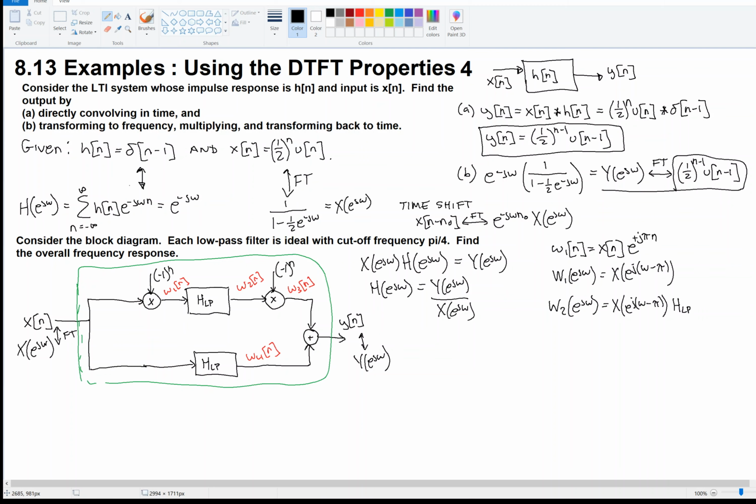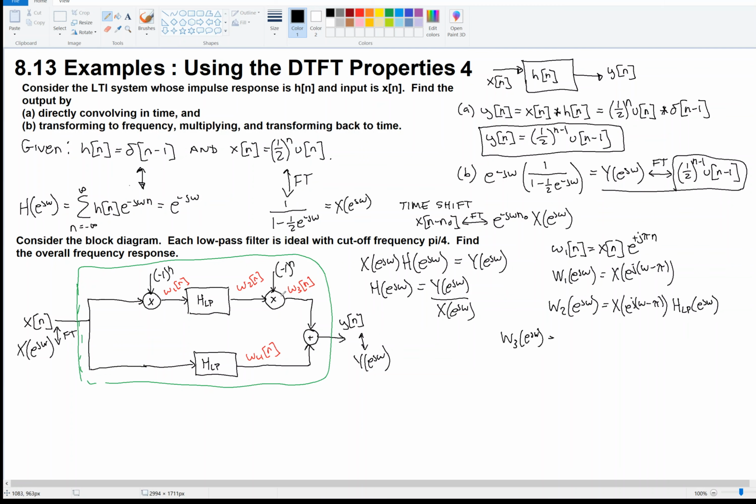We'll just call it HLP of e to the j omega. So that's the spectrum of W2. Now, let's talk about W3. So this is getting longer now.